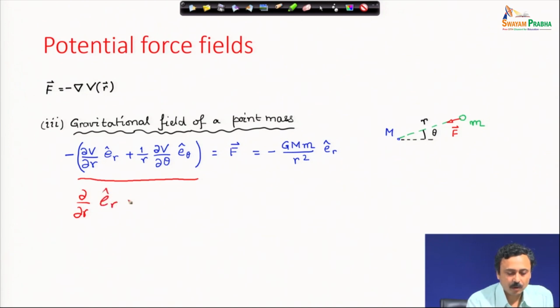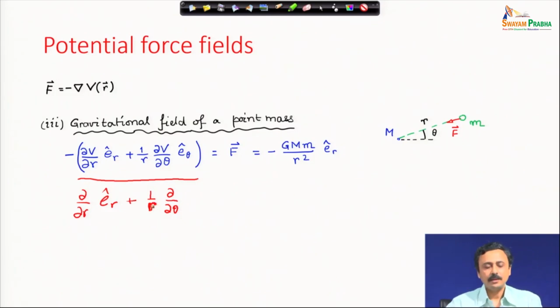This is the operator: del del r e_r cap plus 1 by r del del theta e_theta cap. And when this acts on the potential V, I have this.